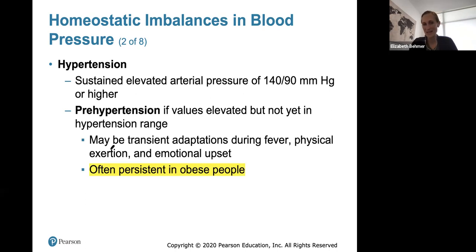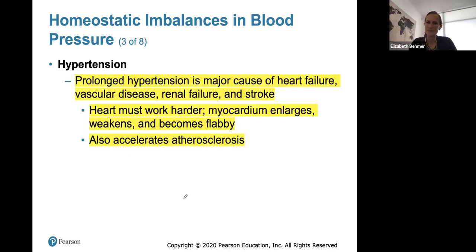Hypertension is any sustained elevated arterial pressure of 140/90 or higher. Pre-hypertension will be if values are elevated but not yet in that range. And pre-hypertension may be transient adaptations during a fever, physical exertion, or emotional upset. And it's often persistent in obese people, so you have to be careful and check your blood pressure.